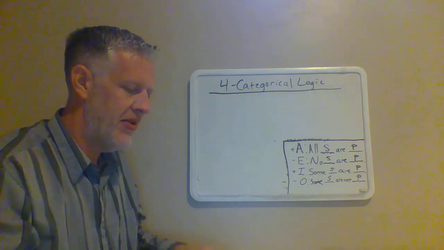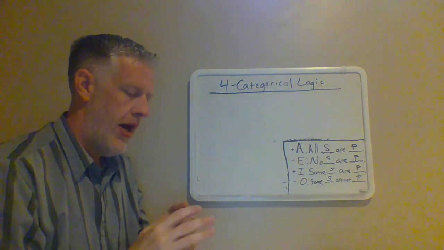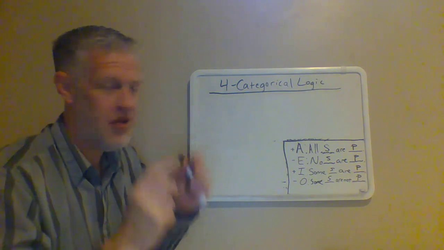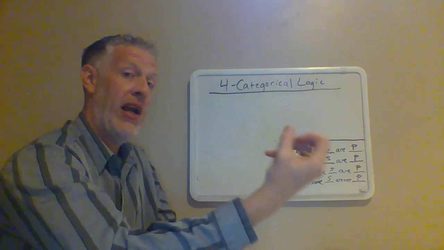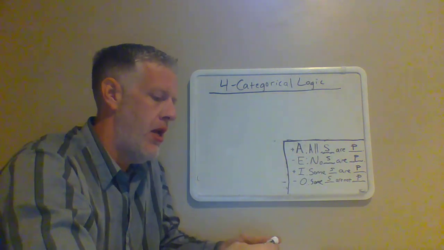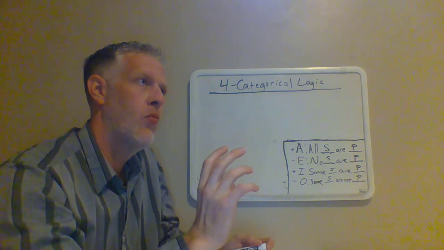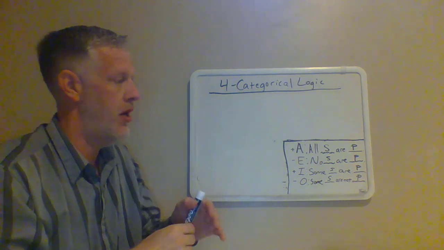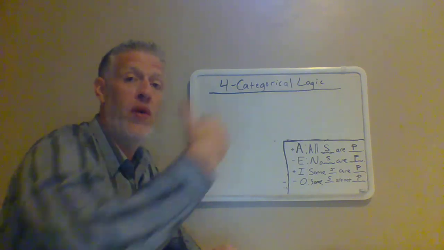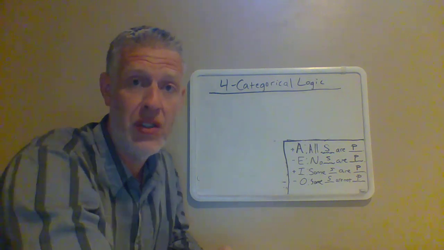What we mean is there are certain things you can do to these standard form claims, operations if you will, that result in a new claim. Depending on what these operations are, they'll yield logically equivalent claims sometimes, and other times they won't.